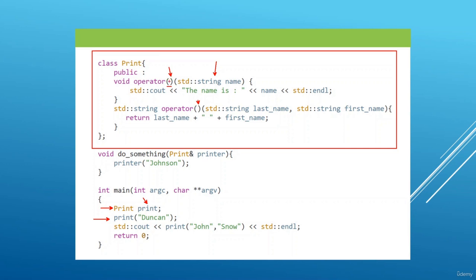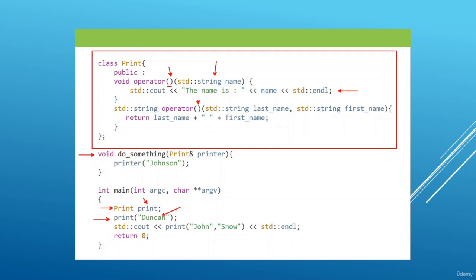It's going to find that we have the function call operator overloaded, and we take a string parameter. So it's going to know that it has a candidate for the call here, and it is going to call this function using the parameter that we pass here. Okay, so if we do this, this is going to call this function, and it is going to say the name is Duncan here.